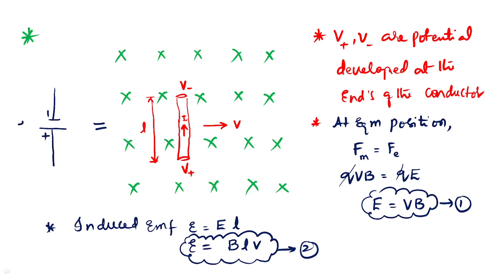So how much EMF are you generating here? That is BLv only, no? So throughout this conductor, how much EMF are you generating here? BLv. Is it okay? Understood or not? So now if the conductor is moving in a magnetic field, automatically that conductor will behave like a cell. So at the terminals, automatically EMF will be generated. I hope you understood. Clear? Any difficulty?